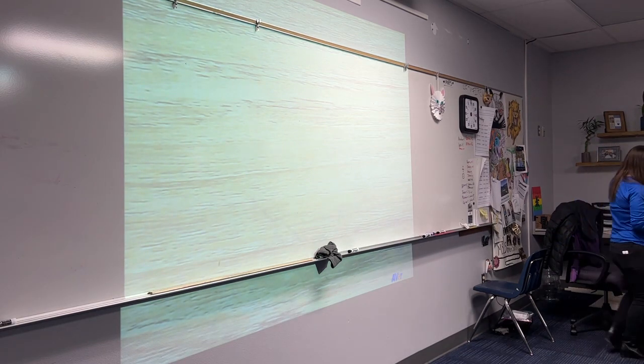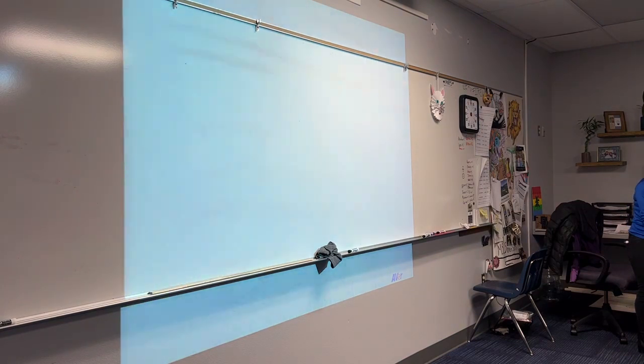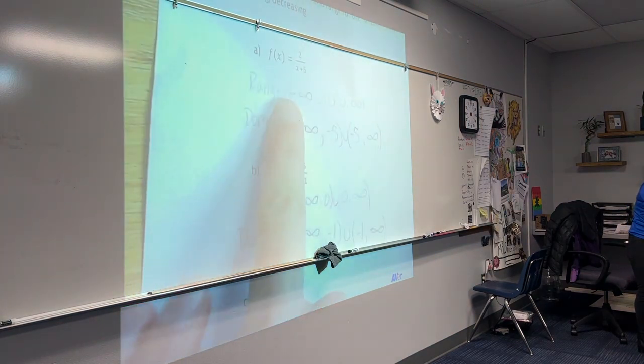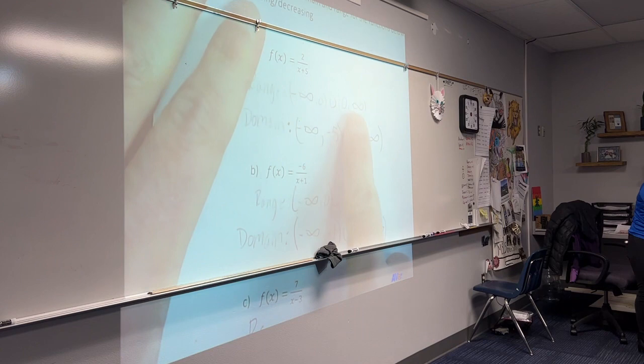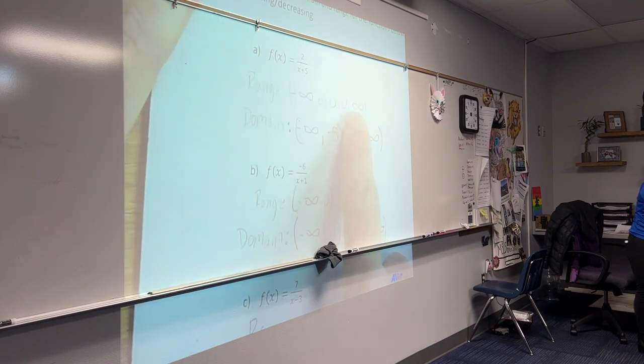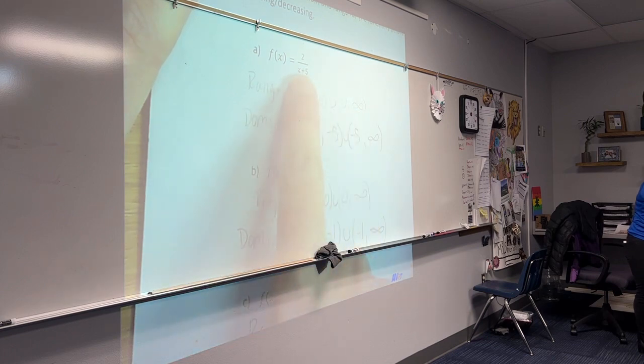All right, for all of these, make sure your range is from -infinity to 0, union 0 to infinity. So for all 3 of these, make sure your range is the same. Okay, now for this next one, your domain, you're saying that you can't have -5. And also, would this be increasing or decreasing on this domain?